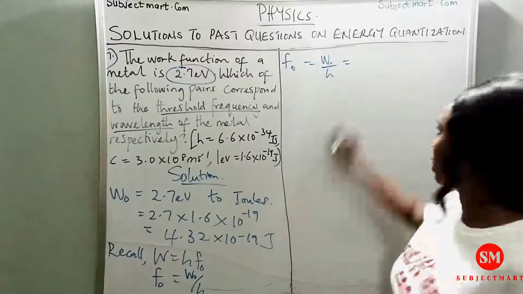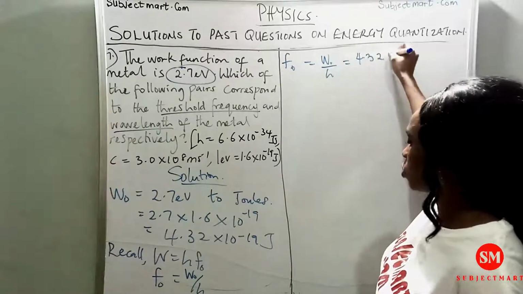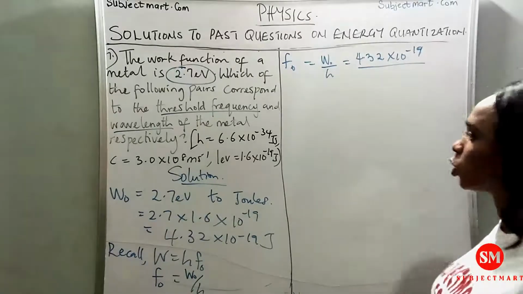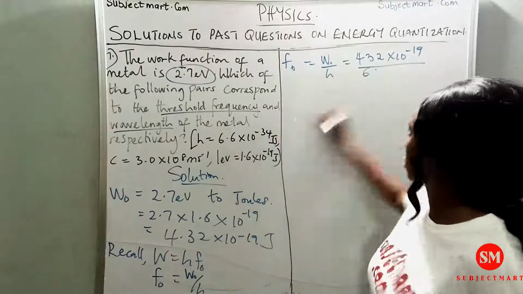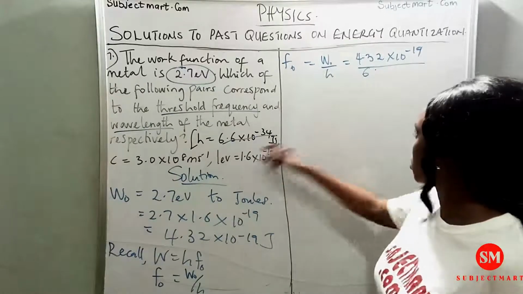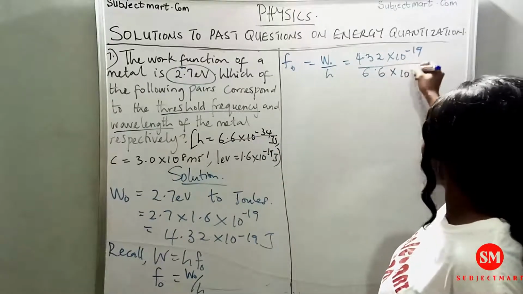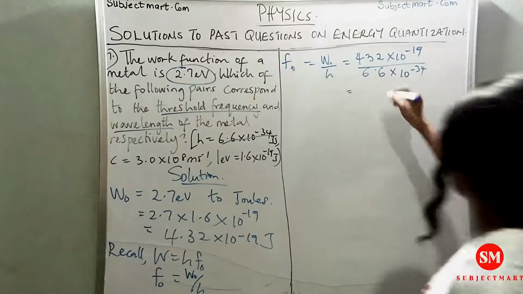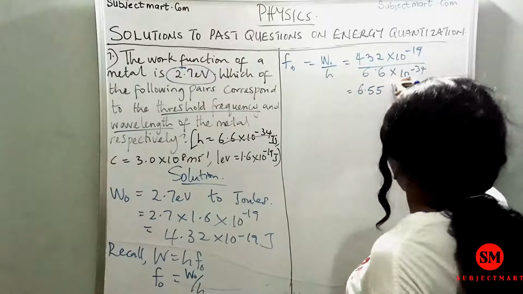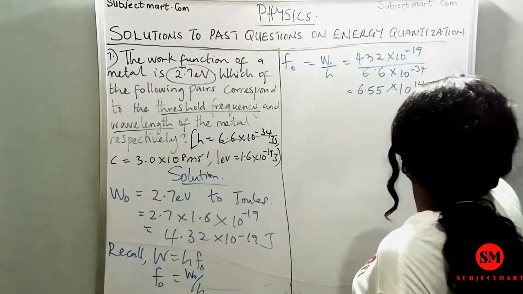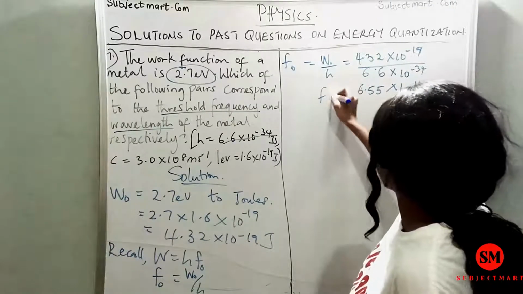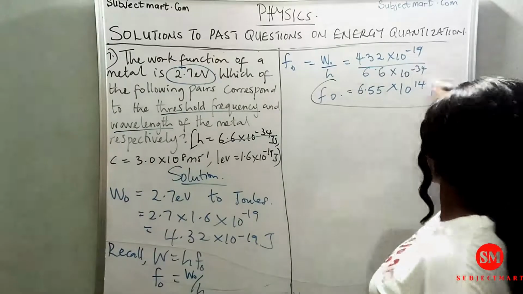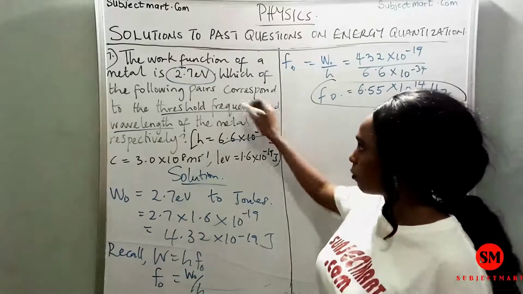So my work function here is 4.32 times 10 raised to the power minus 19 over h, which is the Planck's constant, 6.6 times 10 raised to the power minus 34, and that will give me 6.55 times 10 raised to the power 14 hertz. Don't forget that frequency is measured in hertz. The unit of frequency is hertz. So we have answered the first question.